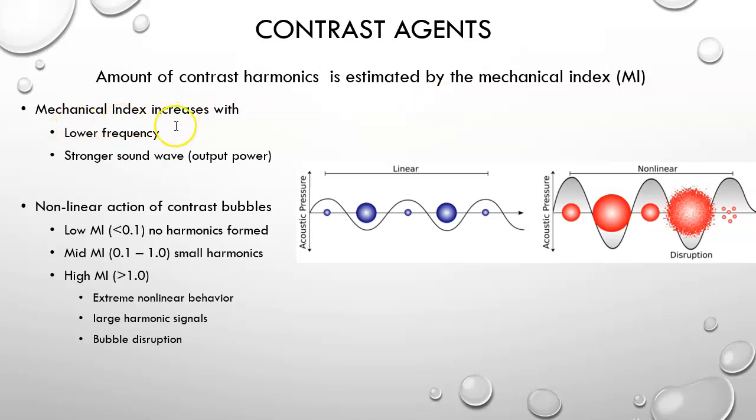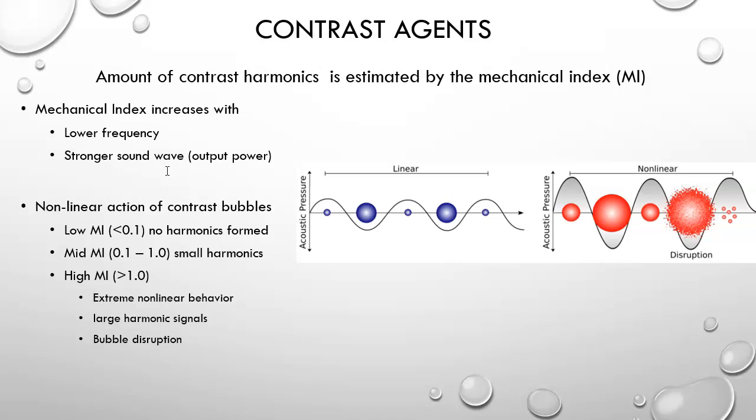So the mechanical index increases with lower frequency and stronger power. Okay, so if you turn up your power, you get a higher mechanical index. If you lower your frequency, you get a higher mechanical index.